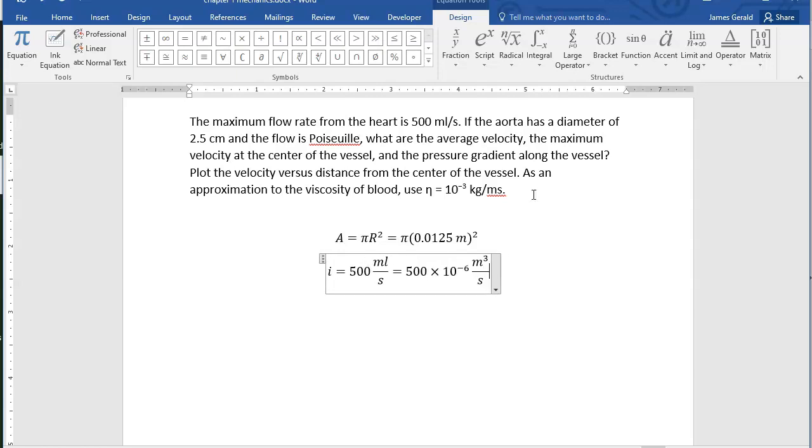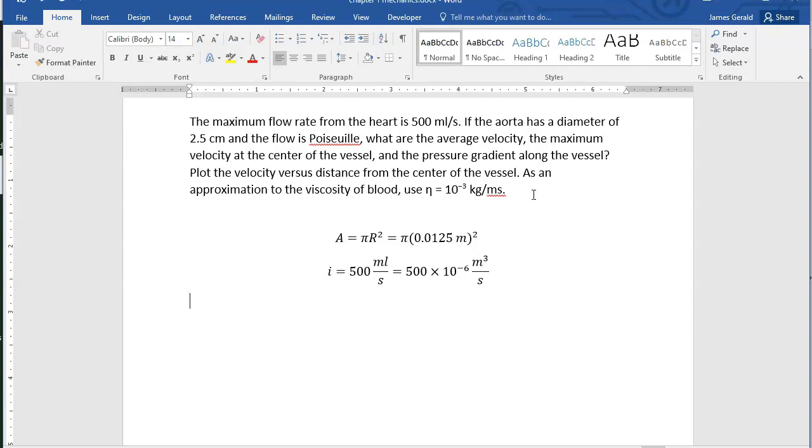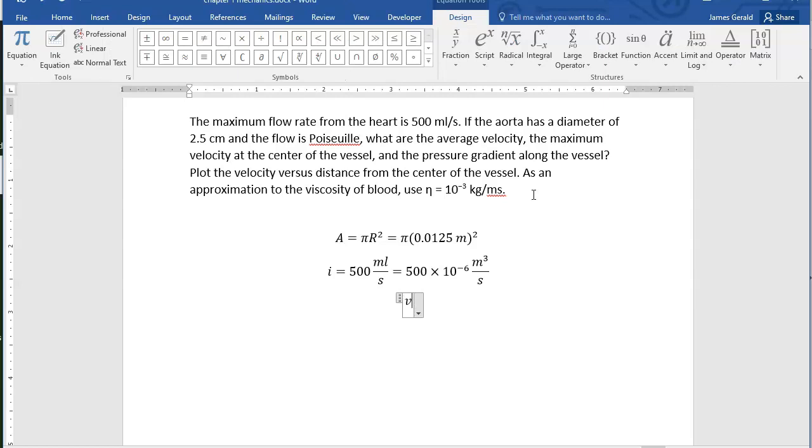I'm sure you know that conversion right off the top of your head. And so we know I, we know A, right? And we can easily then get the average velocity.